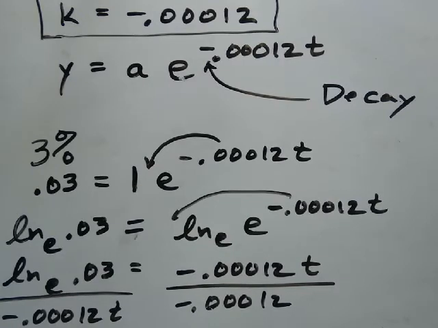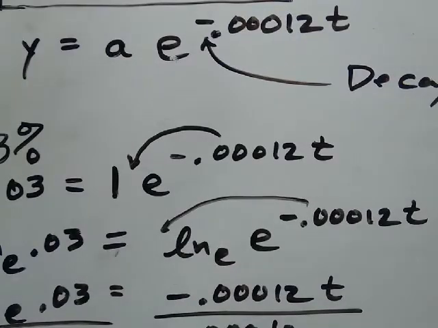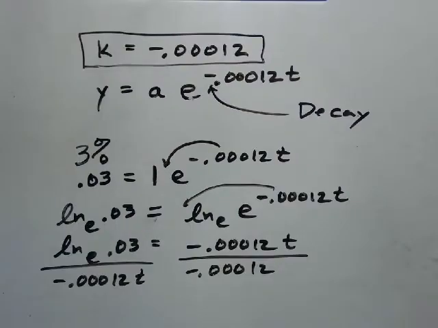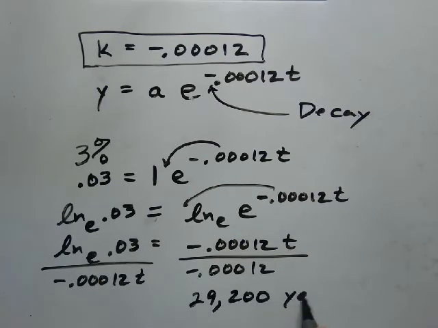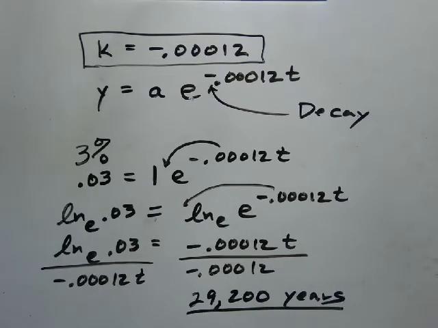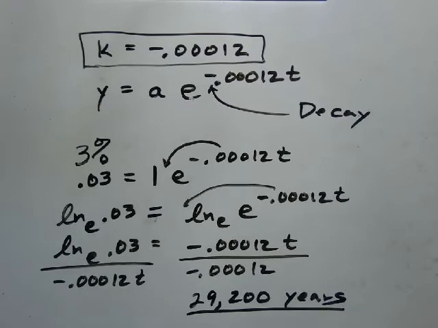Well, let's jot that down: 29,200 years. It tells us that if only 3% is left, it would have been about 29,200 years or so. So this is how they calculate the years on this.